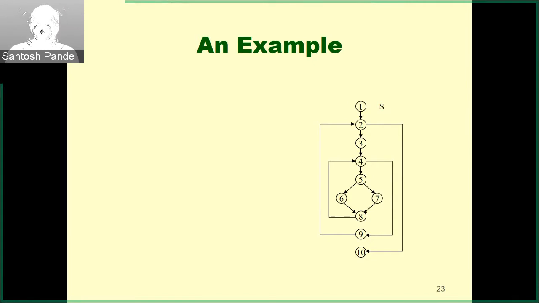And then you can see here that the inner loop is entered at 4, again via 3. And then it exits when the predicate, there's a predicate there, obviously at 4, becomes true or false, depending on how the loop is written. It exits from 4. It doesn't stay inside going to 5. It exits, goes to 9.